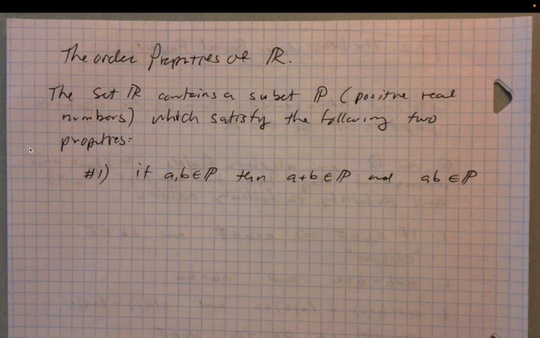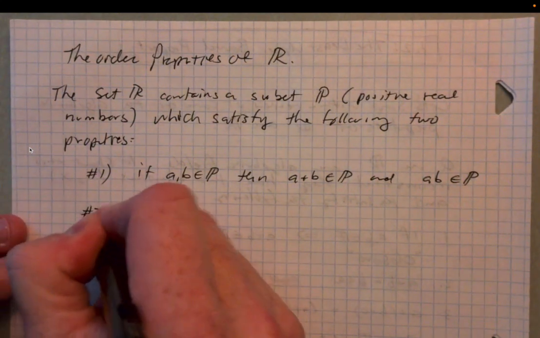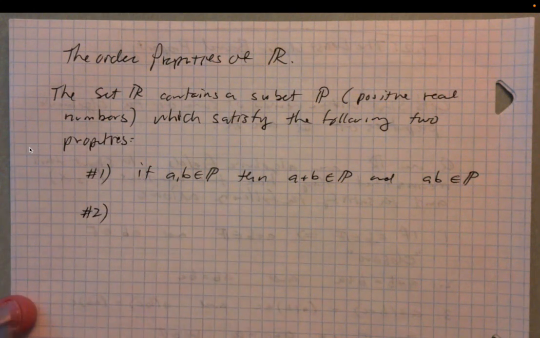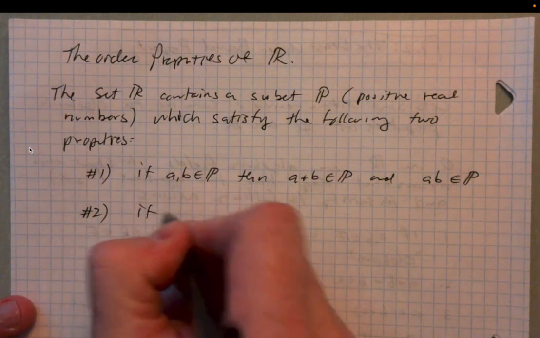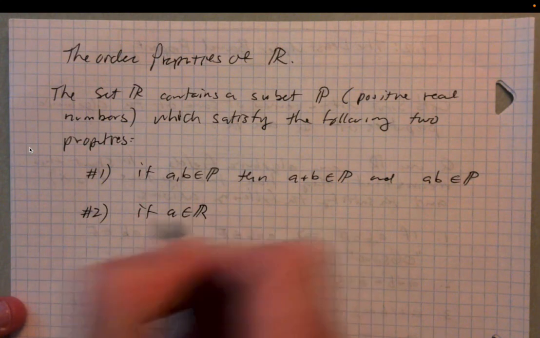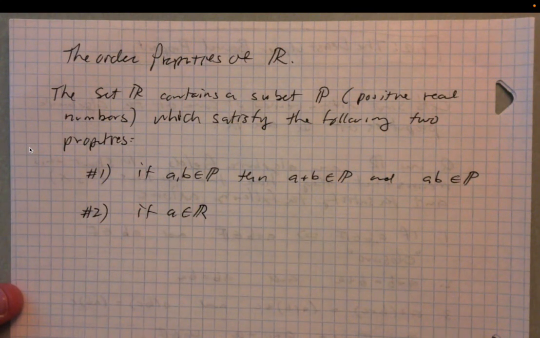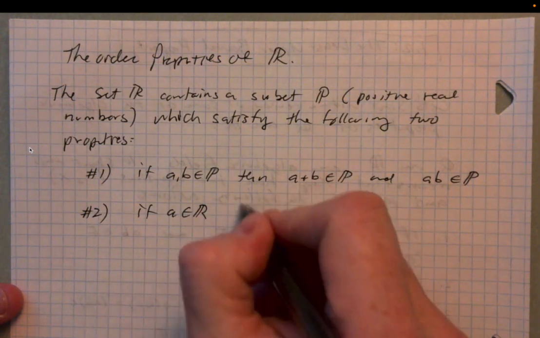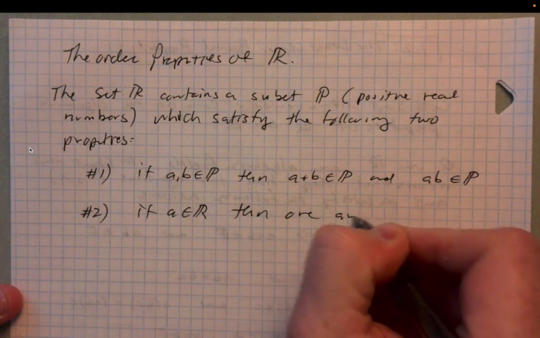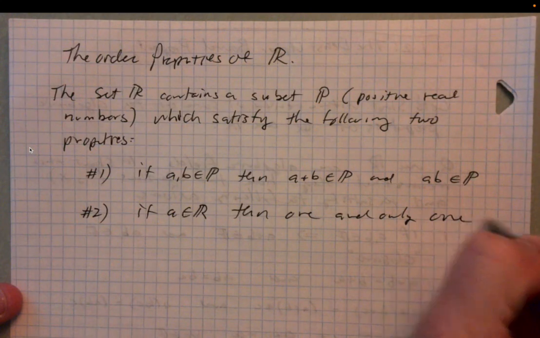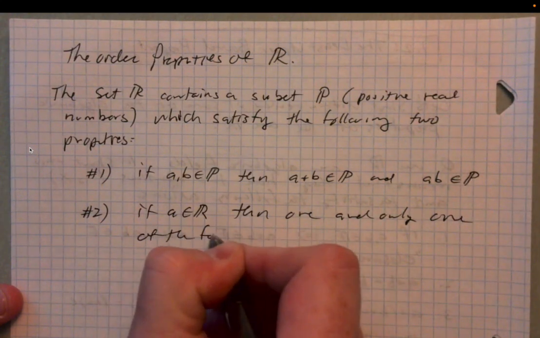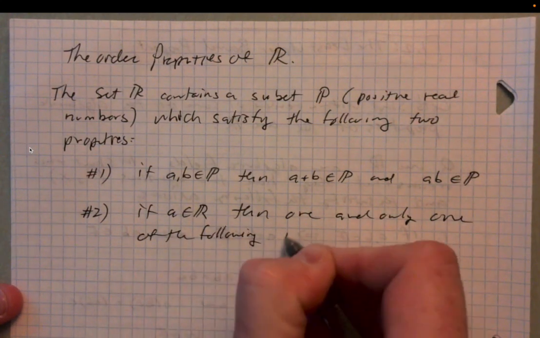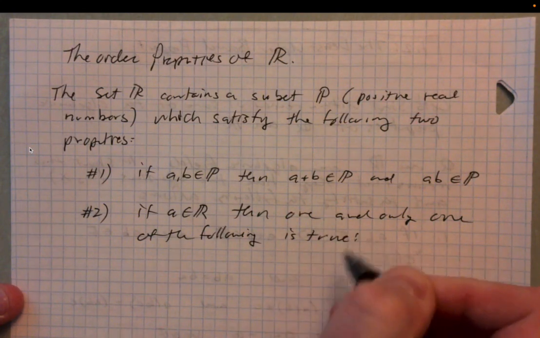Okay. And the second property is that if A is a real number, then one and only one of the following is true, right? So what are those?